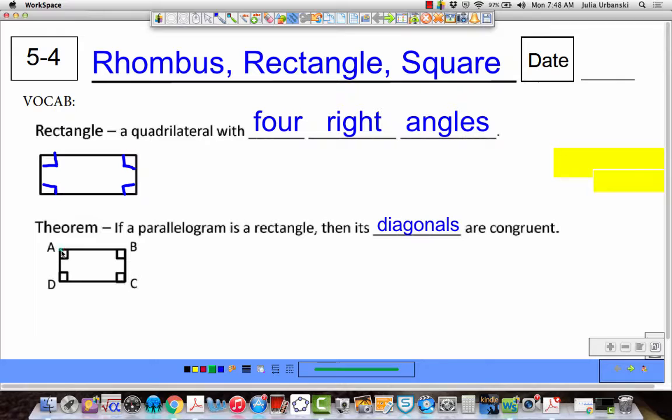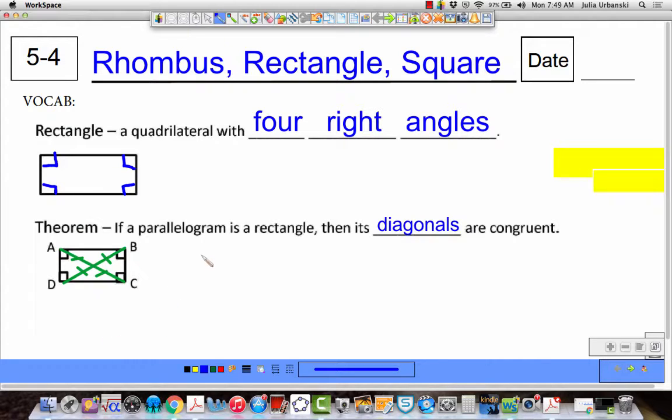So if you draw this diagonal and this diagonal, then what you have is 4 equal pieces, because this half equals this half, but this half also equals this half. That's what's special about a rectangle and not a parallelogram, because instead of being slanted, it's upright, and it makes everything equal in that way. The only thing that's not equal is all 4 sides.